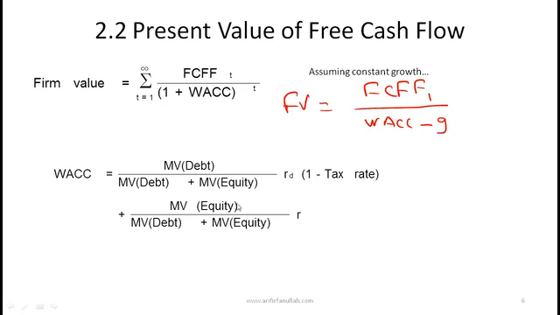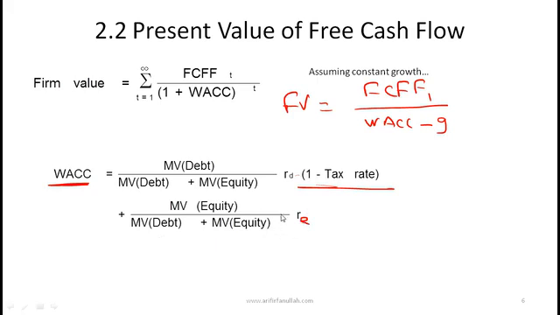And then I'm sure you remember this, how do you calculate WACC? It's your relative market weight of debt, assuming only debt and equity, so that's market value of debt as a fraction of the total value, times RD multiplied by 1 minus the tax rate, plus the market value of equity over total value of debt and equity times the cost of equity.